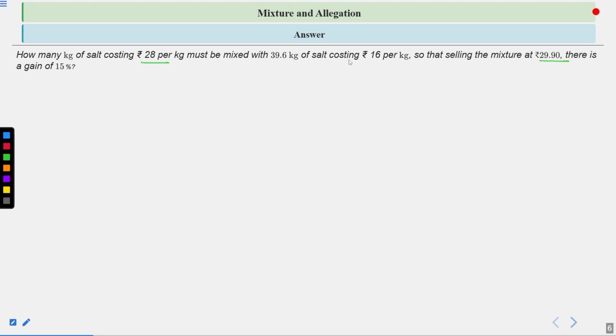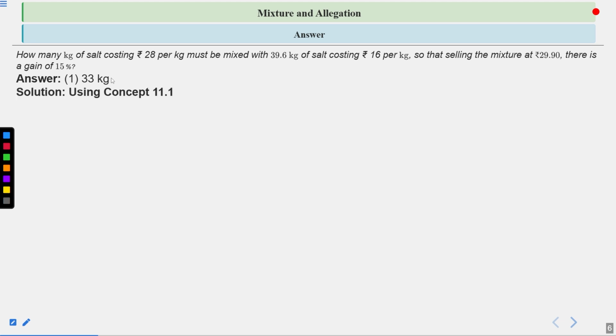So the prices given are 28 rupees per kg and 16 rupees per kg, and when we mix them, the selling price is 29.90 rupees, at which we gain 15%. So the correct answer of this question is the first one, which is 33 kg.